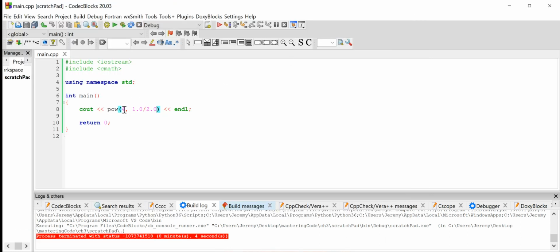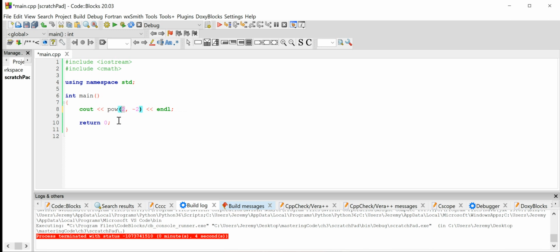You can also use this POW function for inversions. What I mean by that is say that we're going to raise 2, and we can do this to the, say, negative 2 power. Well, anytime you raise something to a negative power, it basically inverts this thing.